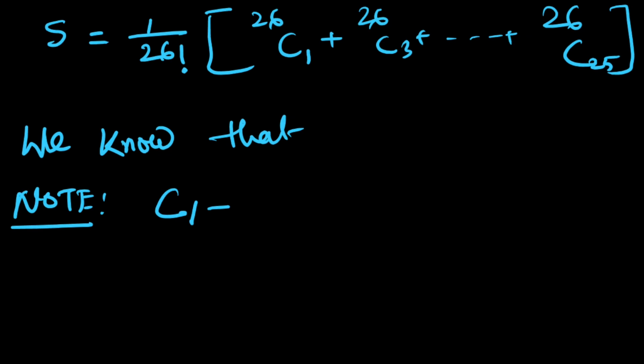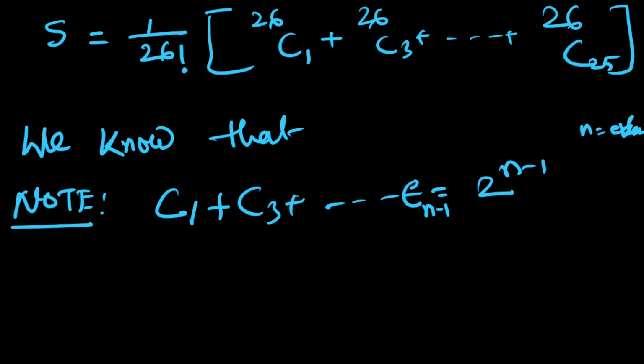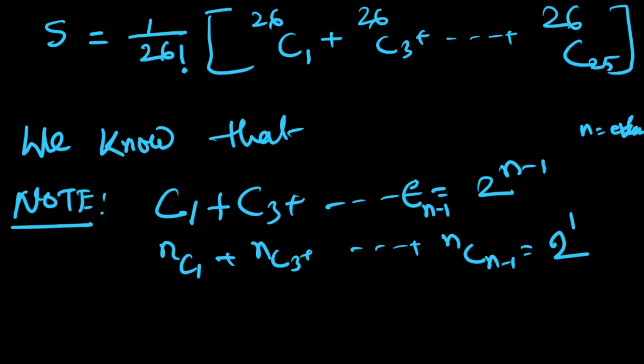Suppose C1 plus C3 up to odd terms is equal to 2 to the power n minus 1. Here also the same thing: nC1 plus nC3 up to nC(n minus 1), that value is actually 2 to the power n minus 1.